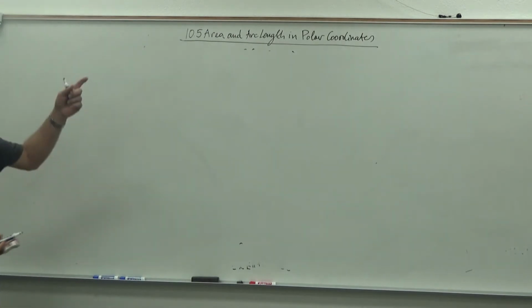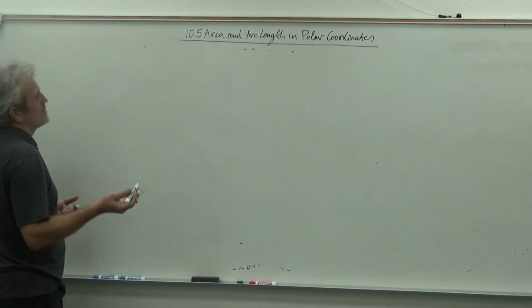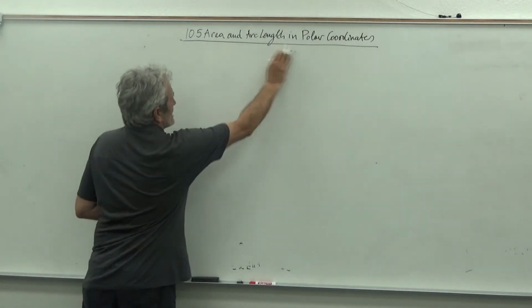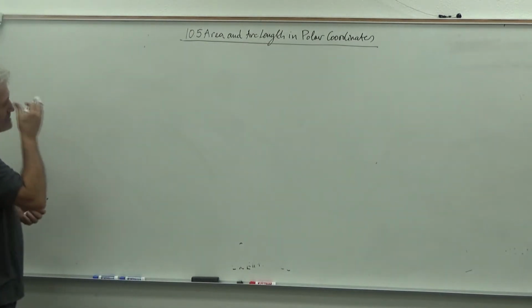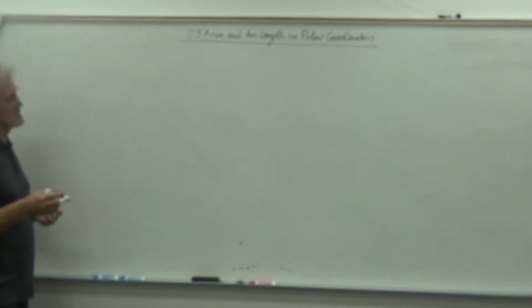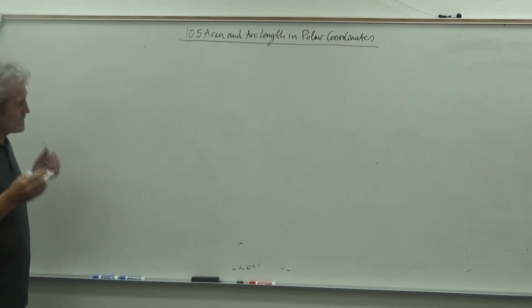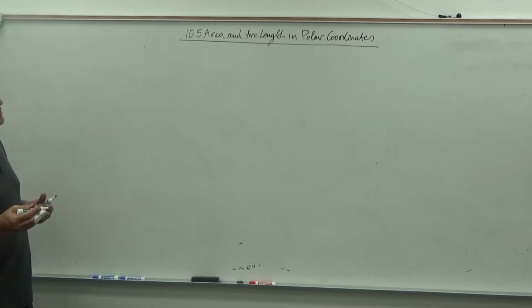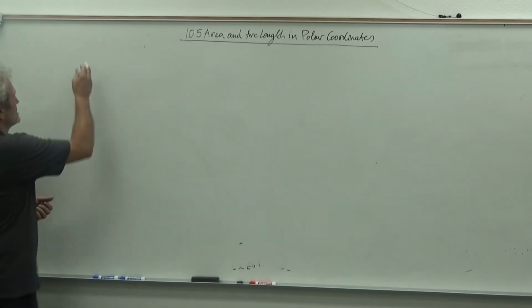All right, second part, arc length in polar coordinates. We basically use this. Let me emphasize something. When you have an object, what is the main difference between polar coordinates and parametric equations?